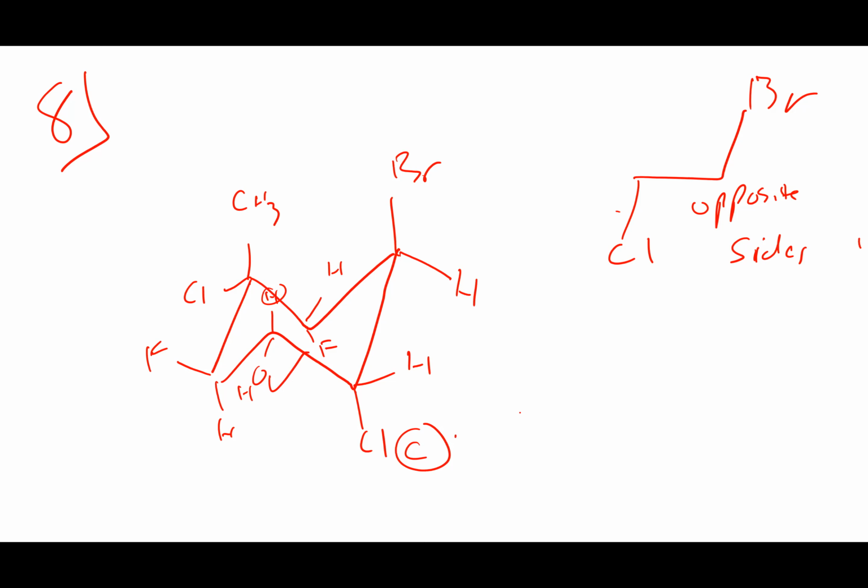I want to put a check mark by the ones we're going to pick. So that's E. G would be the same thing, check mark. K, which is here, check mark.